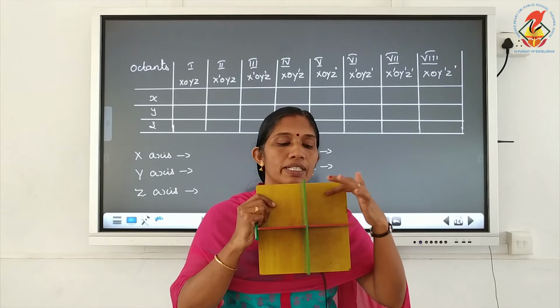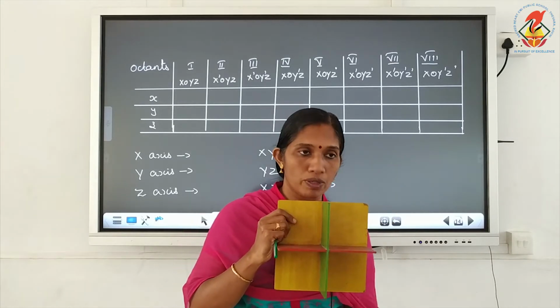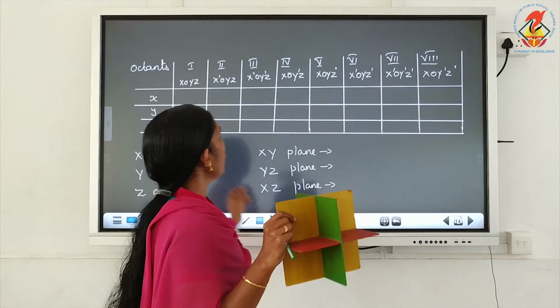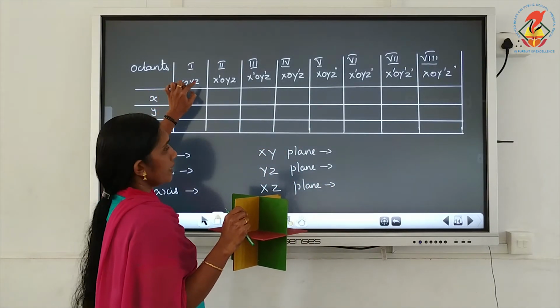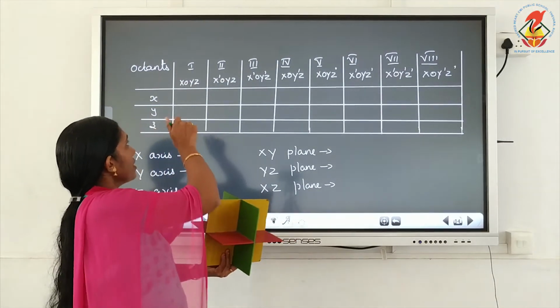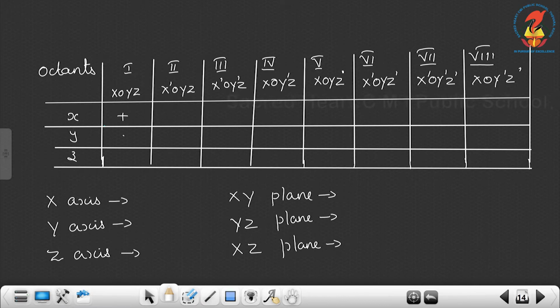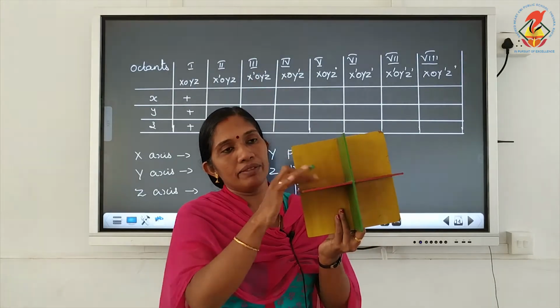In the first octant the x, y and z coordinates are positive. The name of the octant is XOYZ. In the first octant, all coordinates are positive.